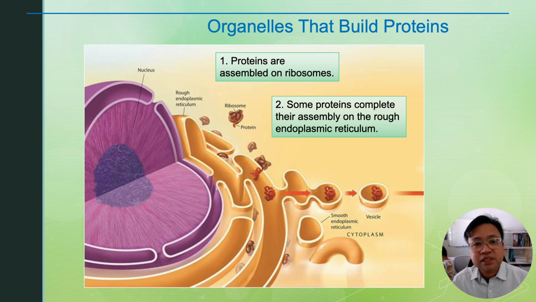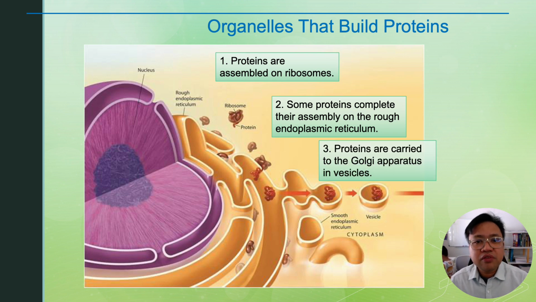In contrast, the smooth endoplasmic reticulum, or smooth ER, lacks ribosomes and is involved in the synthesis of lipids and detoxification processes. The next step involves packaging and transport. Newly assembled proteins are packed into vesicles, which are small membrane-bound structures.